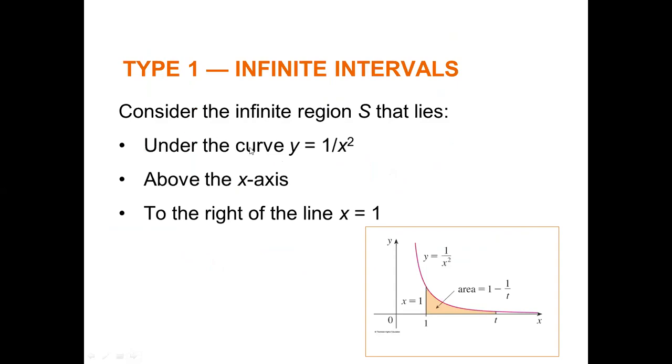If we have the curve y equal to 1 over x squared, if we are going to plot this particular curve, this is the curve, class. Above the x-axis, you could see that the area of the curve is this shaded portion.